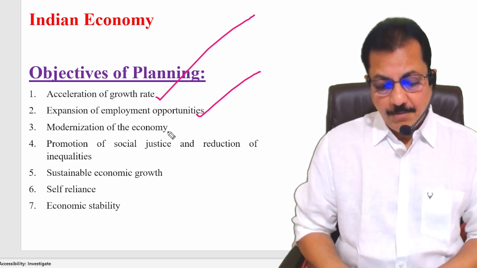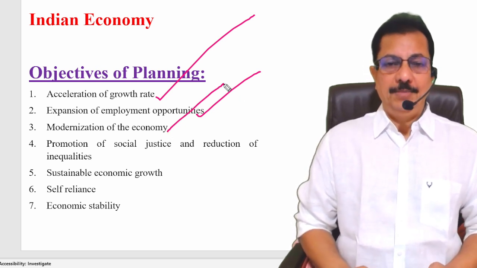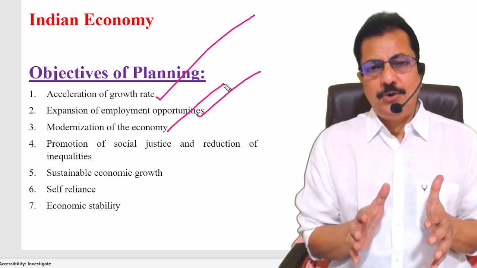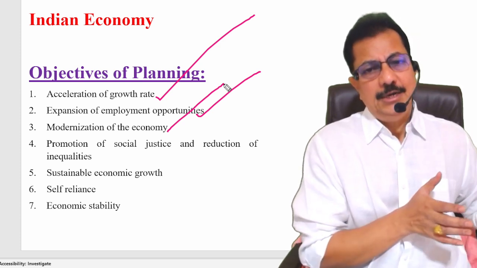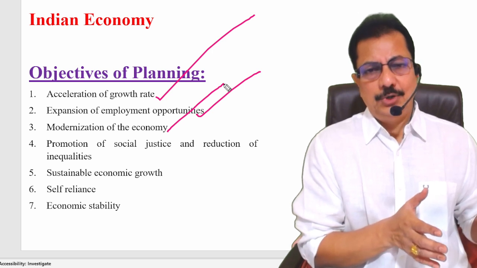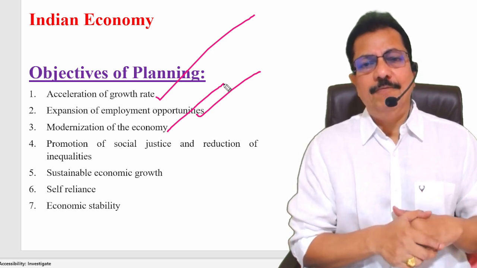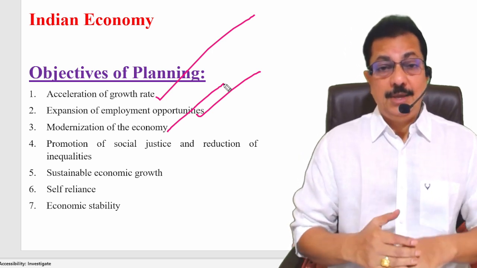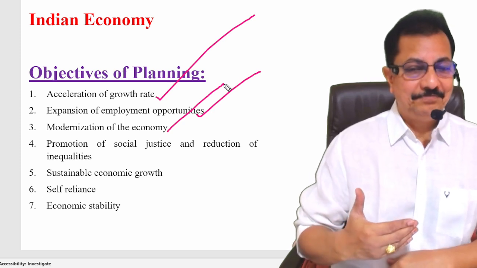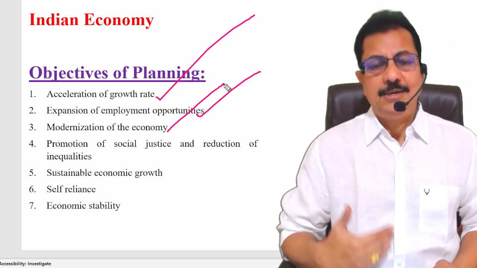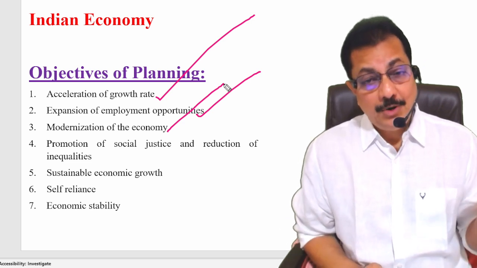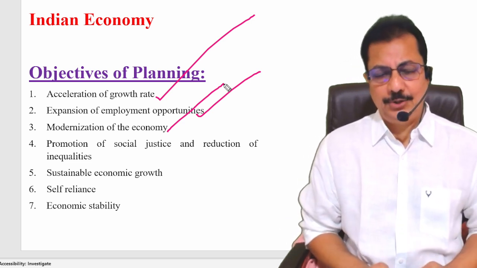Number 3, modernization of economy. As long as you are going through obsolete methods of technology, that will not be very helpful. That is the reason why we have to modernize. That is why even in agriculture we started using machines. That is called mechanization of agriculture.